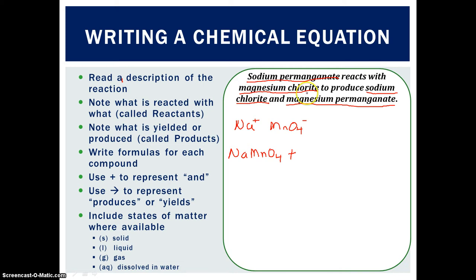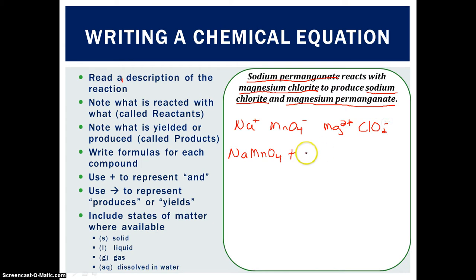And then I have magnesium chloride. Another ionic compound, because magnesium is a metal. I have Mg2+ and chloride, ClO2-.